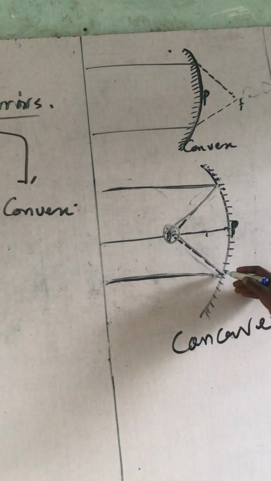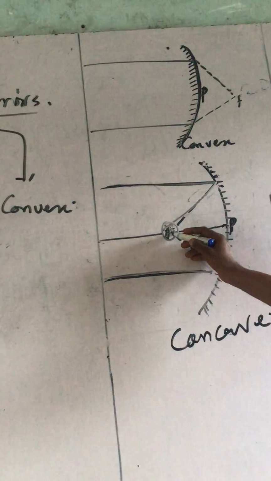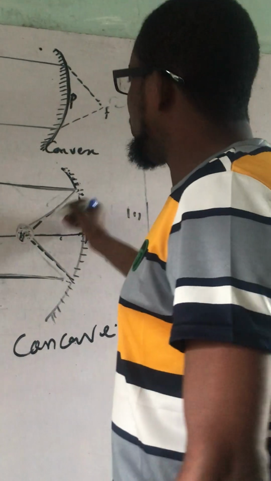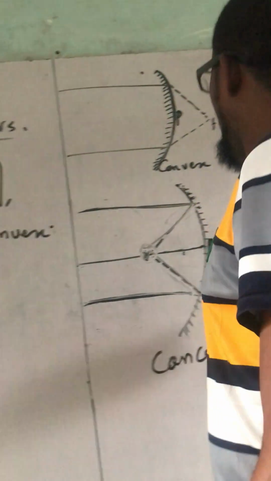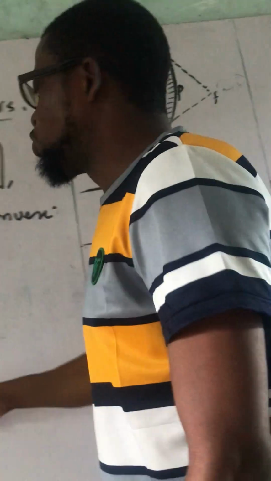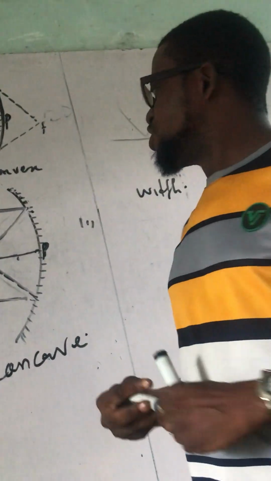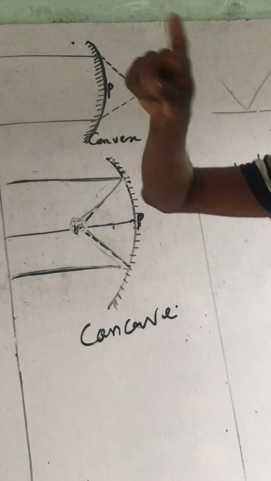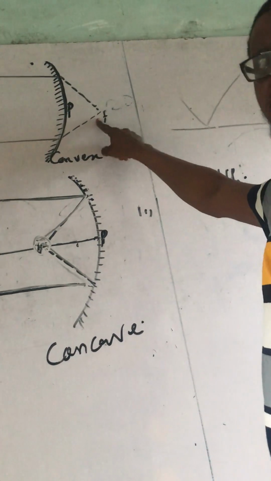This one too is coming like this, and it was also what? Sent back. So both of them meet at this point. A point where both of them meet or converge after the reflection by the mirror is called what? Principal focus. If it is in a concave mirror, we have it here. If it is in a convex mirror, we have it here.